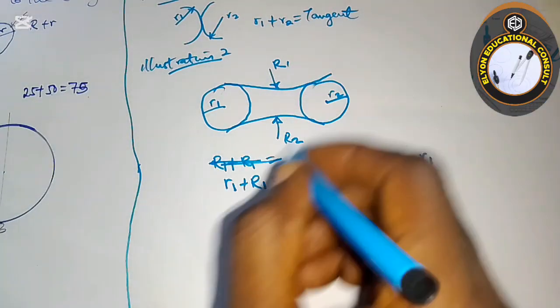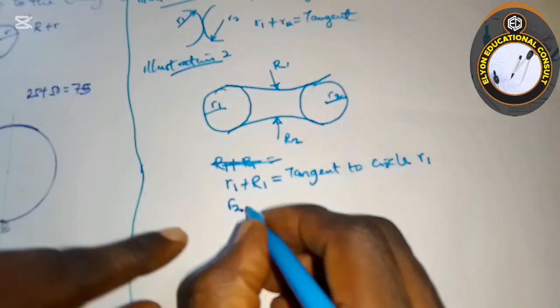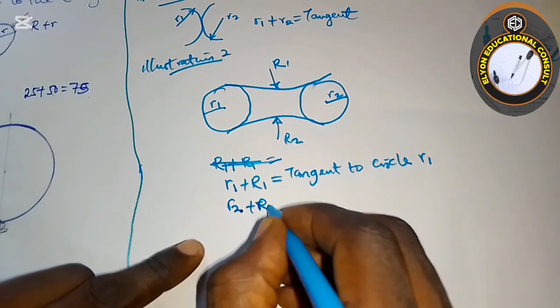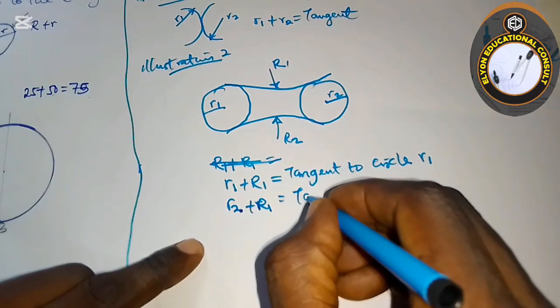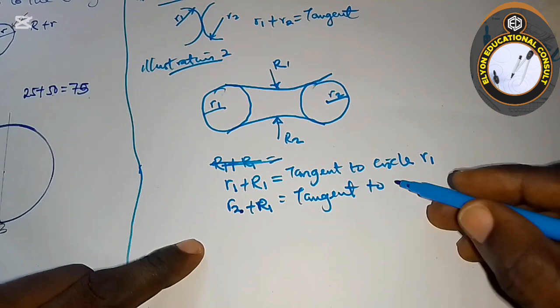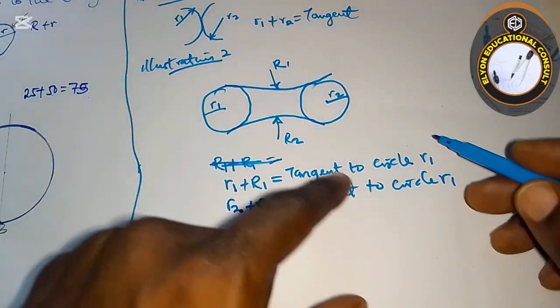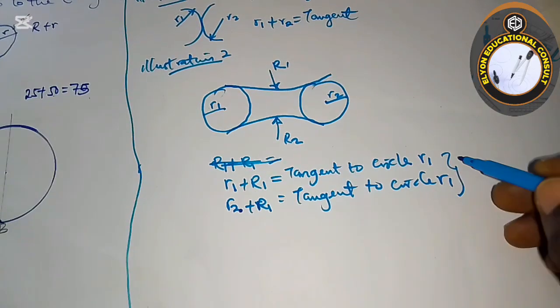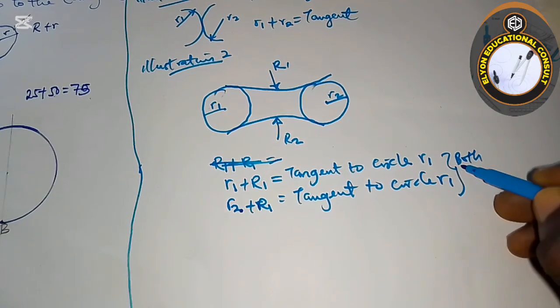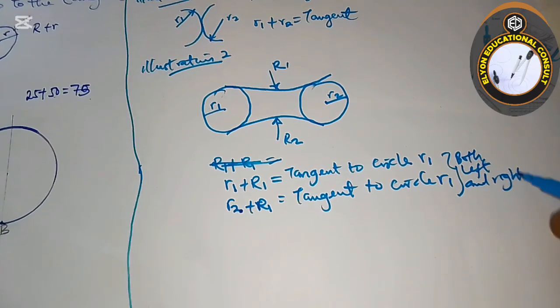Then this R2 plus capital R1, so that is the tangent to circle R1 at both the left and right. So we say both the left and right.